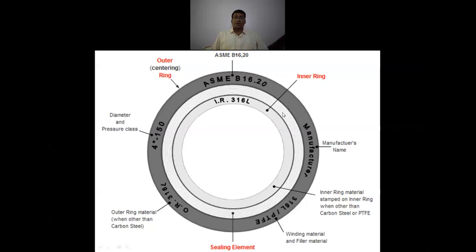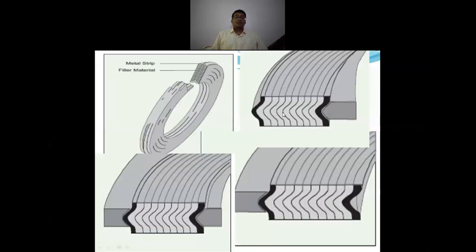that is available. Now in this figure, the only deforming material you can see is metal strips and filler material. This is the corrugations that are available. One metal strip is there and in between two metal strips, the filler material like asbestos, PTFE, cork, which can sustain the high temperature, can be there.